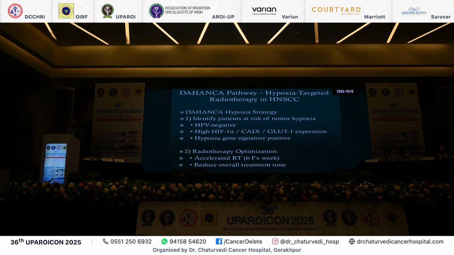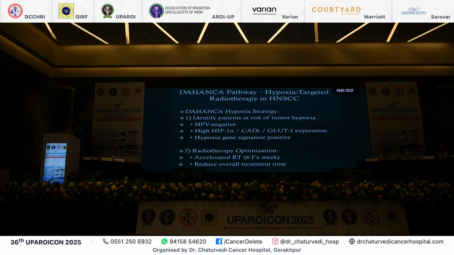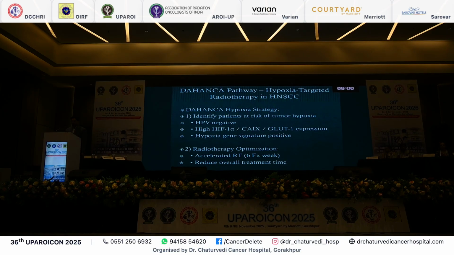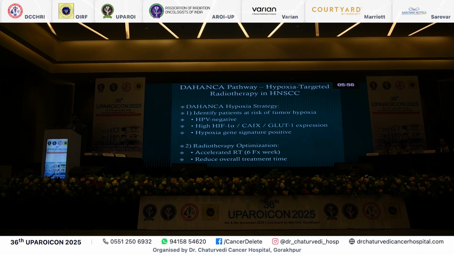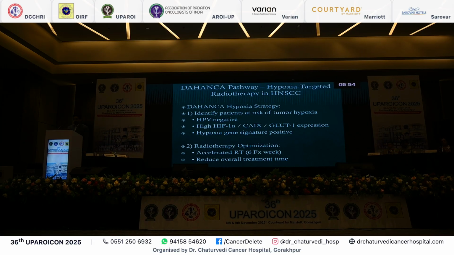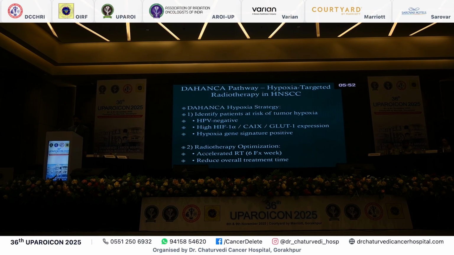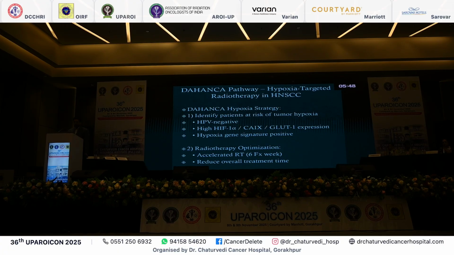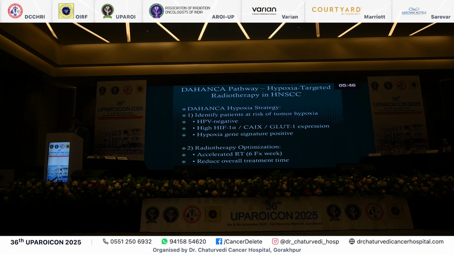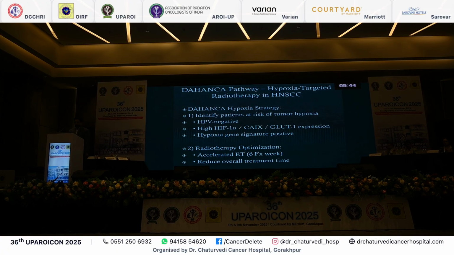Then the DAHANCA pathway, that is hypoxia targeted radiotherapy in head and neck cancer. It has identified patients at risk of tumor hypoxia in HPV-negative patients and identified the hypoxia markers.